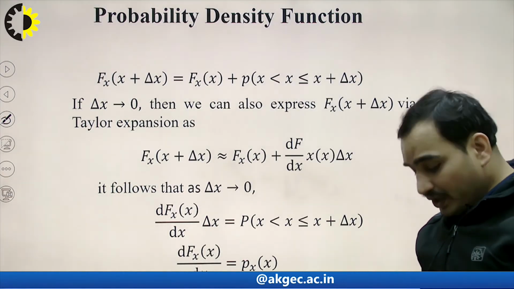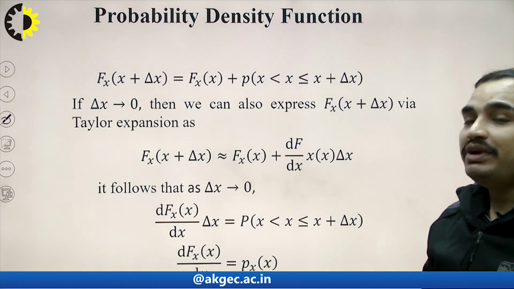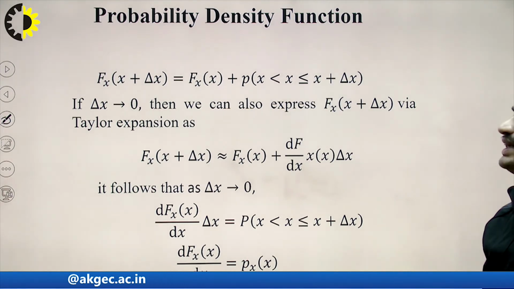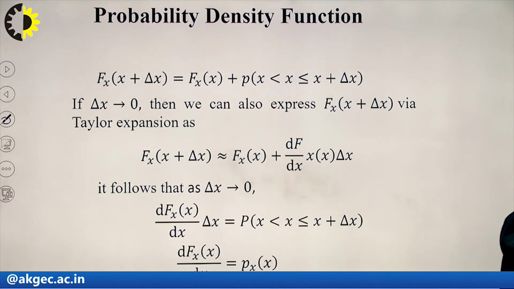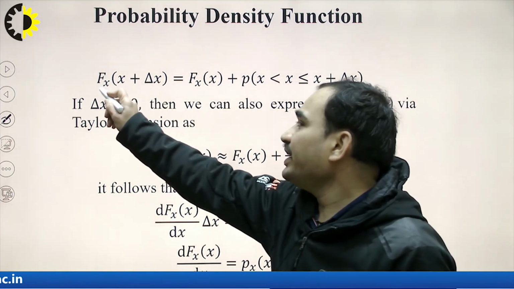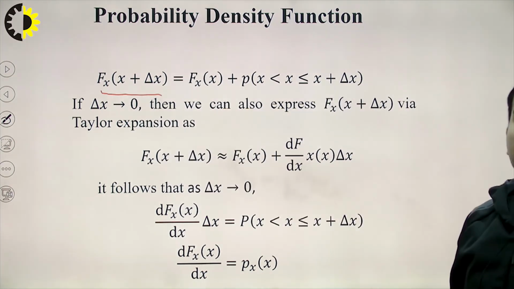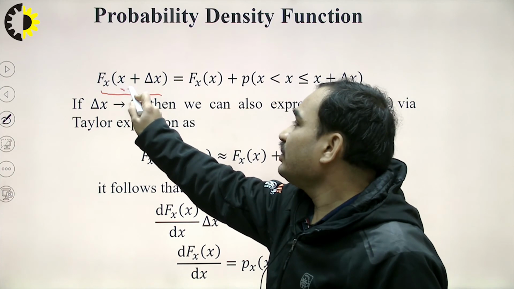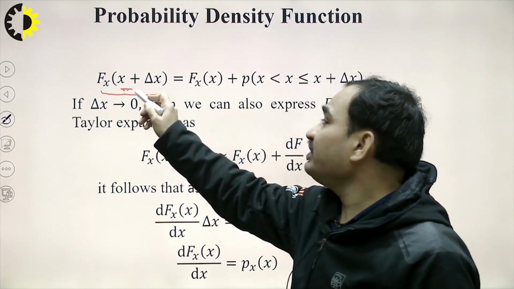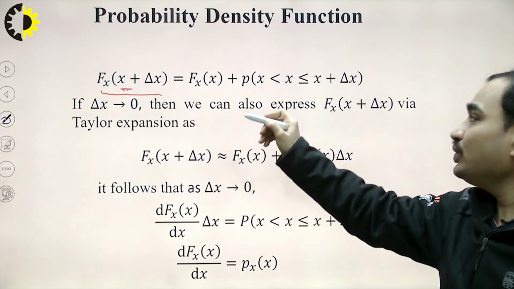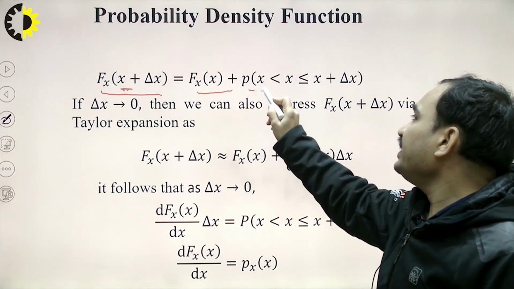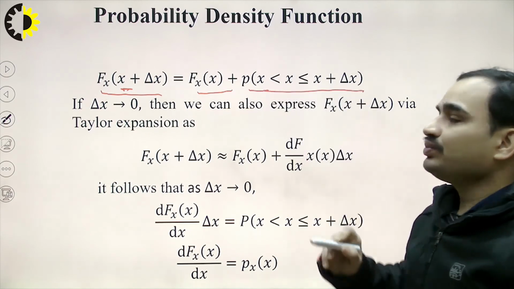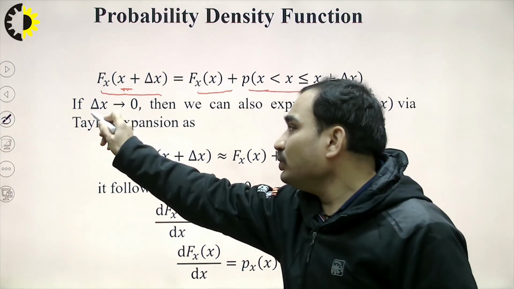Now another important topic is the probability density function. So what is the probability density function? We can define it for the cumulative distribution function, that is for x, for an interval or a small addition x plus del x, equal to F of x, and the probability between x and x plus del x, where del x tends to 0.